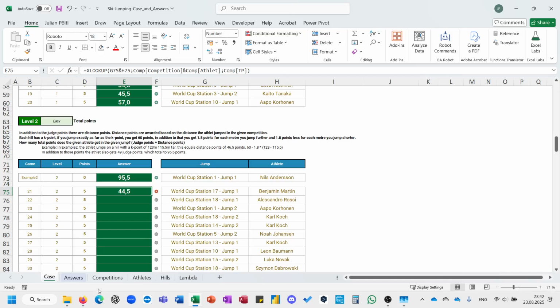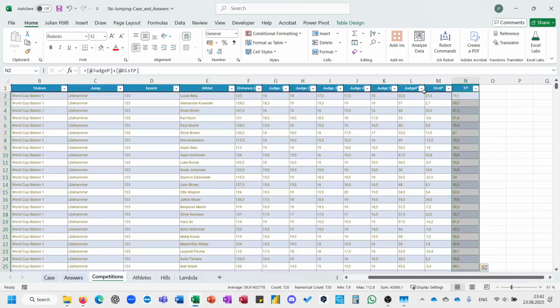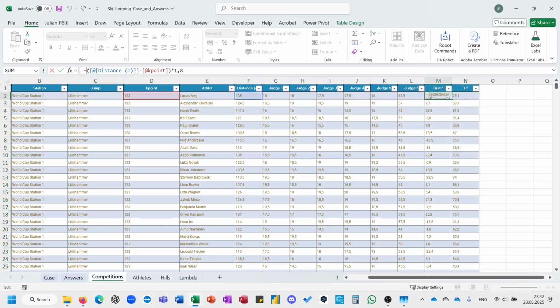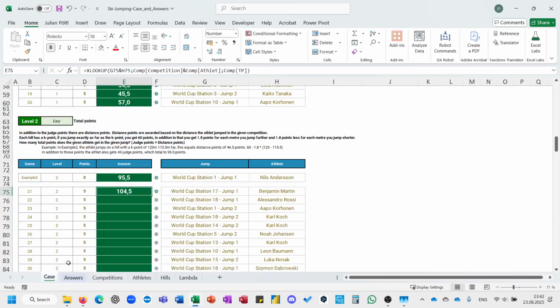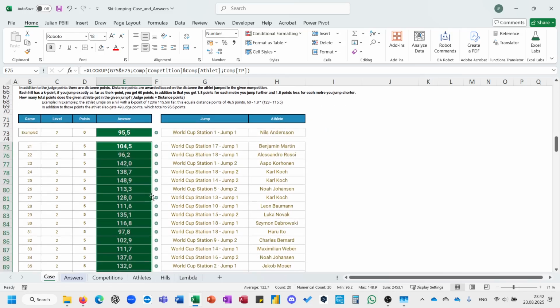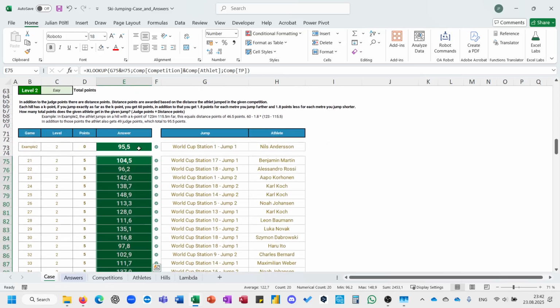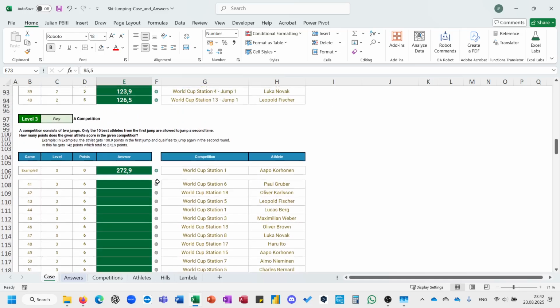What's the problem here? Let me check simply. 60 plus. I'm an idiot. Forgot this. Now it's working. Yeah. I would have seen this if I would have copied it here, so it's not an error I would have made in the competition.